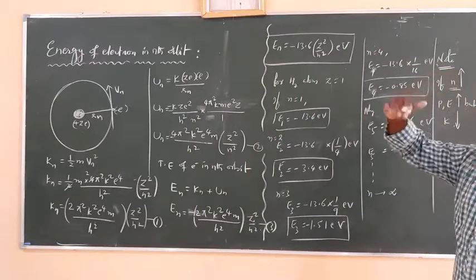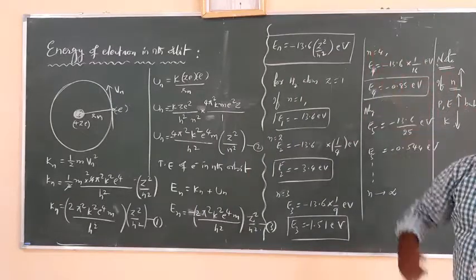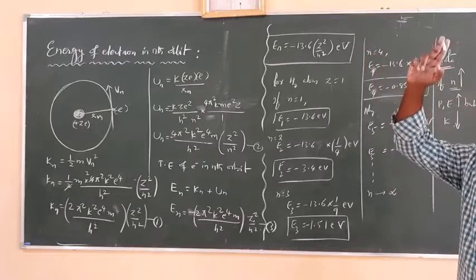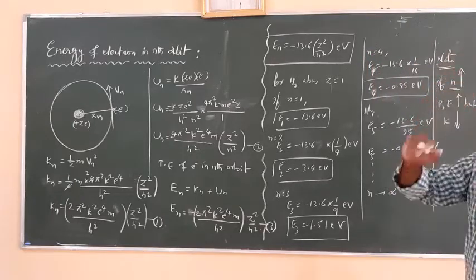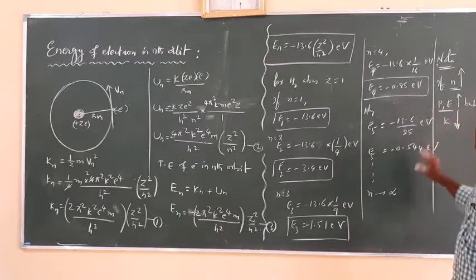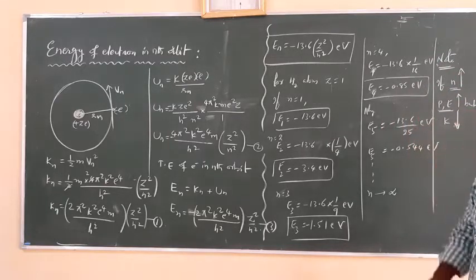When the electron shifts into higher energy levels, that is excited states, the kinetic energy decreases and potential energy increases. Therefore, the total energy also increases. So potential energy and total energy increase with increase in the n value, but kinetic energy decreases. You should remember that.